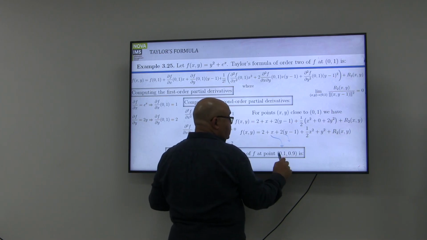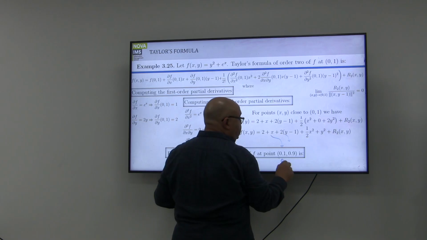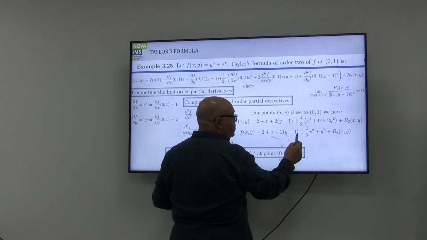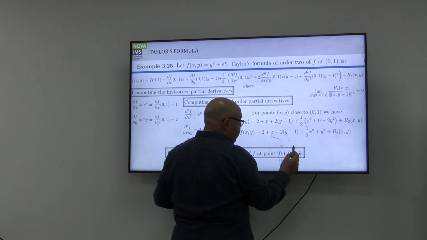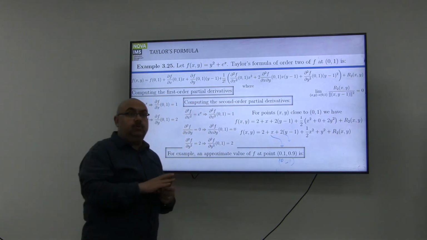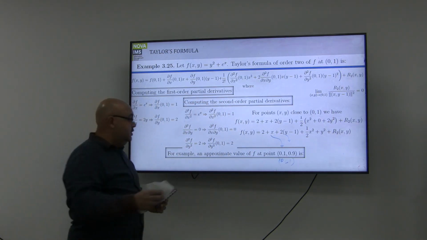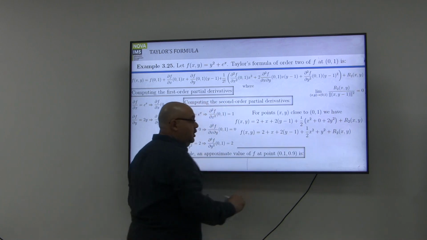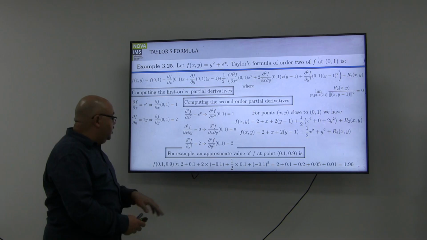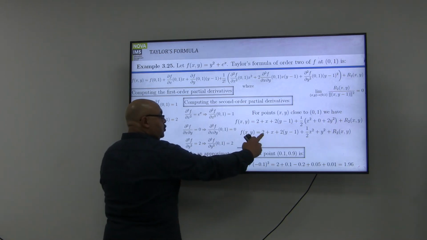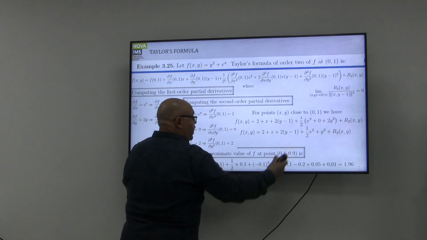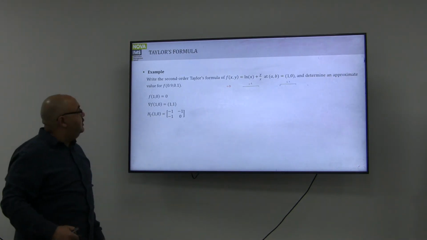Look to this point and the expansion point, which is 0 and 1. So the difference in y will be 0.9, I'm sorry, minus 1. So it's going to come up to minus 0.1. It's direct substitution in the main equation. So once more, that's the equation. This is 2, this is going to be 0.1, this is going to be 2 times negative 0.1, and so on. You will have your approximated value.